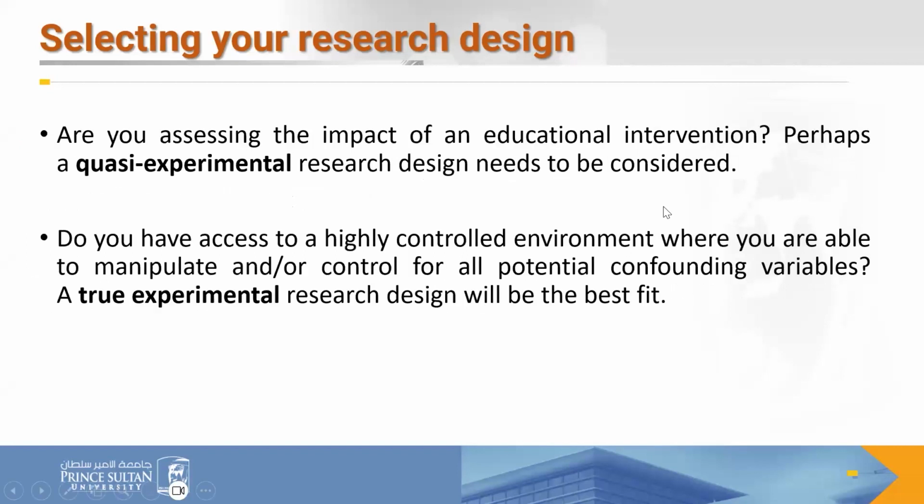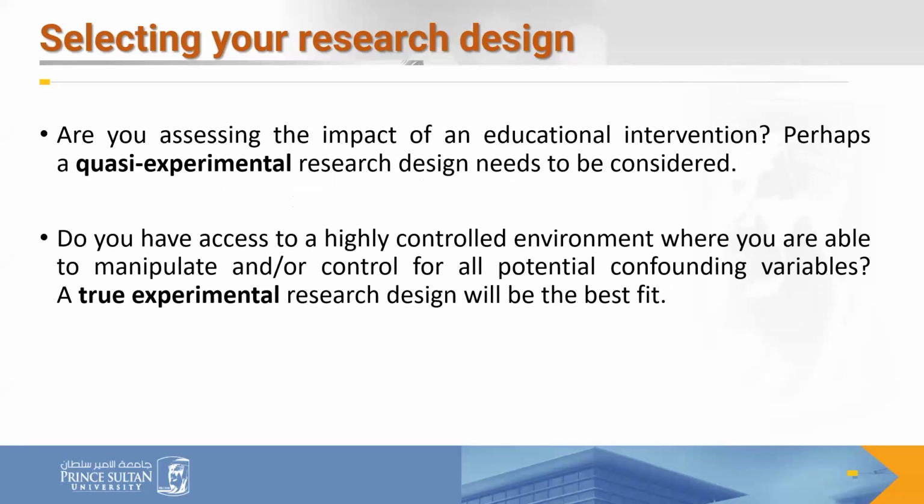Maybe you are assessing the impact of an intervention, so it will be quasi-experimental. Maybe you are controlling an environment and controlling all potential confounding variables and manipulating the variables that you want, so it will be a true experimental design.